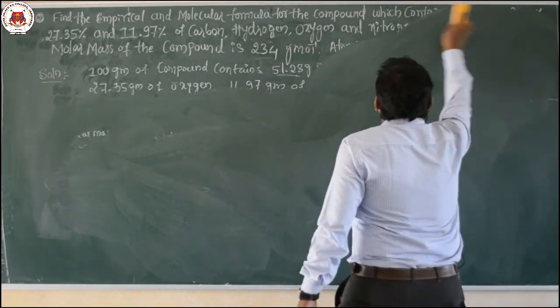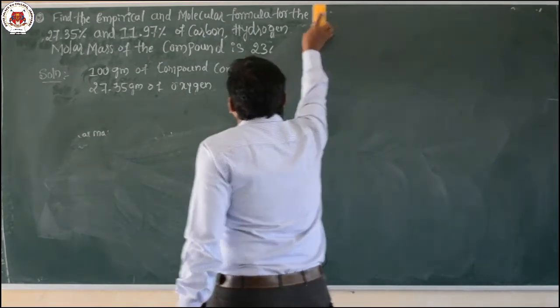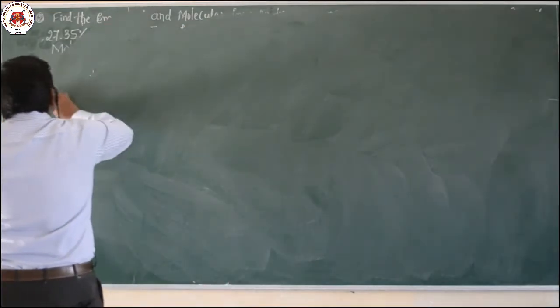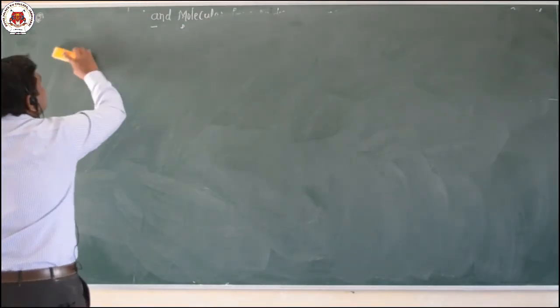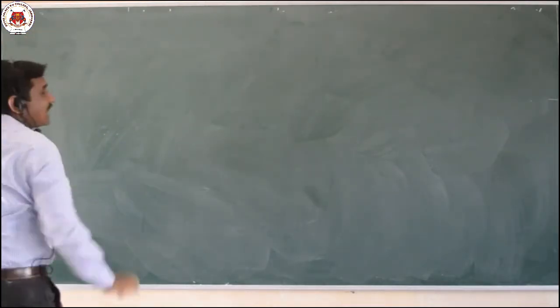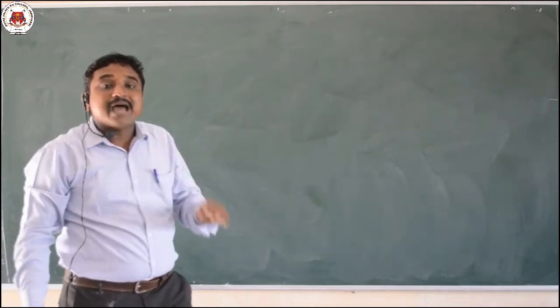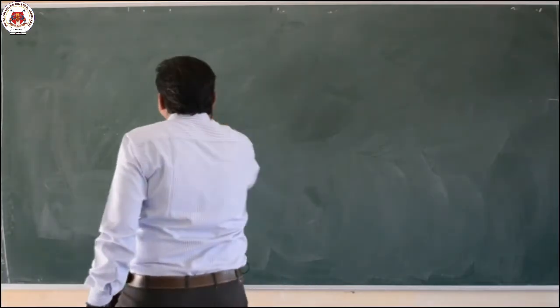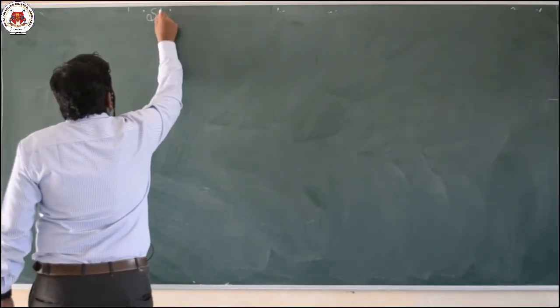So that is called stoichiometry. Now the stoichiometric coefficient gives an idea about the relative quantities of the reactants and products in a balanced chemical reaction. So that is called stoichiometry and stoichiometric coefficient.